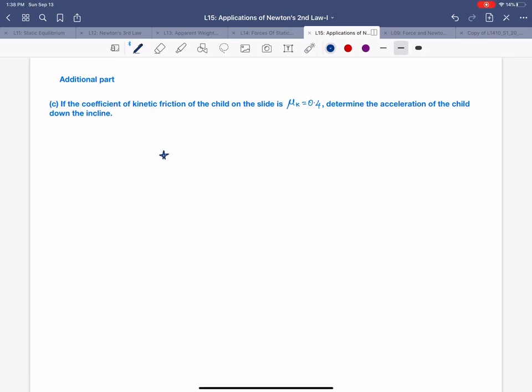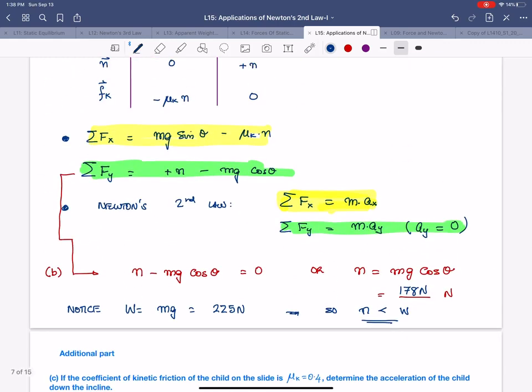So what we are supposed to determine here is a sub x. So we're going to use the x component of the net force, which is mass times the acceleration, or the acceleration in the x direction is the x component of the net force over the mass. Now, we have an expression for it right there.